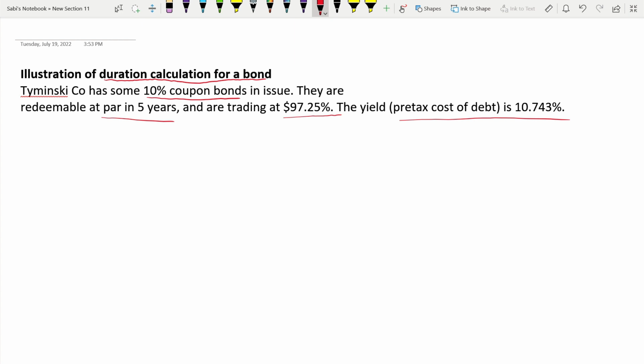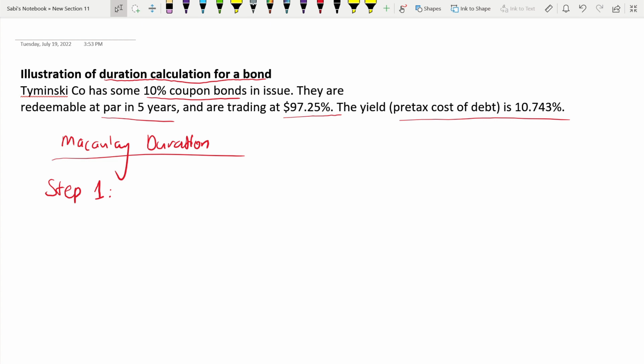First, Macaulay duration is calculated. There are 3 steps. Step 1: if you can recall the Macaulay duration that we explained in investment appraisal, in my lecture 1, you will be able to identify step 1 here because it's the same step.